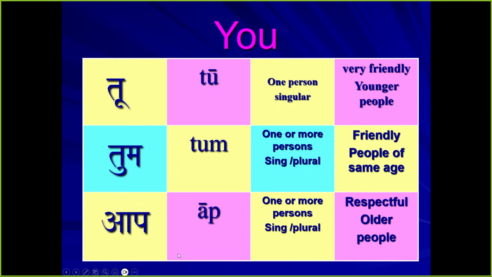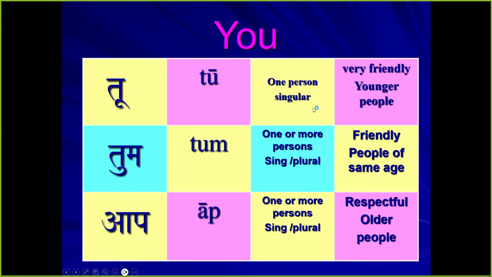And then there is aap, which again could be singular or plural, but is for older people. Aap can also be used for younger people if you want to be more polite and respectful. So by default, you should always use aap unless you know that you're talking to a younger sibling or someone where you can say tu.